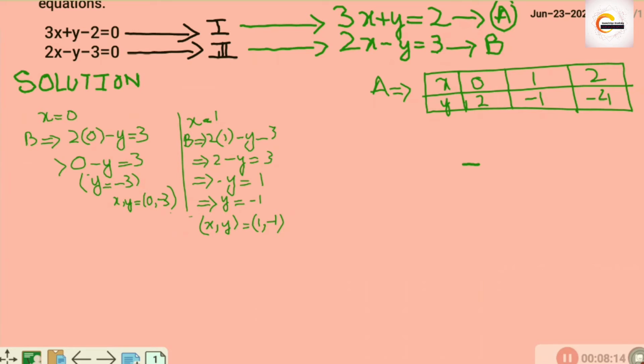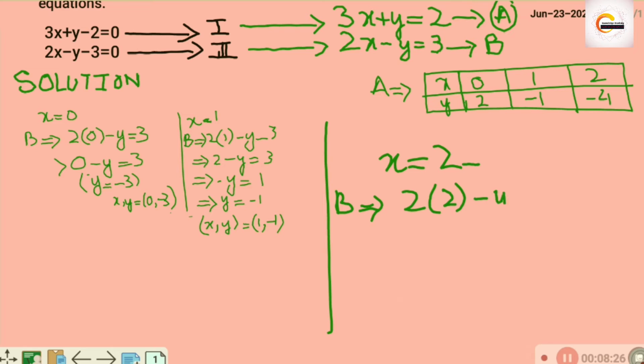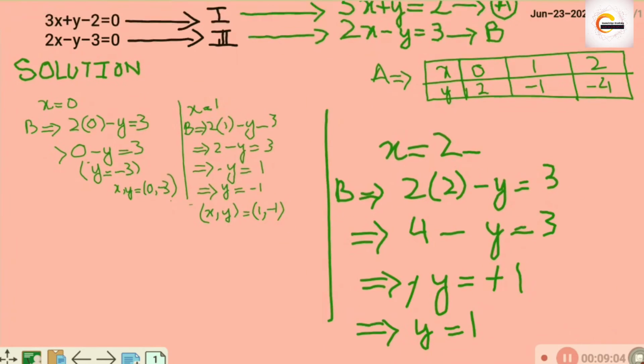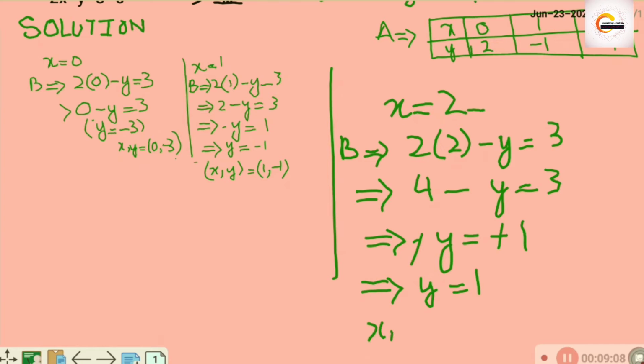Now if x equals 2, equation B will be 2 into 2 minus y equals 3. Now 2 multiplied by 2 is 4, so minus y equals minus 1. Minus and minus cancel, y equals 1. Now x comma y equals 2 comma 1.